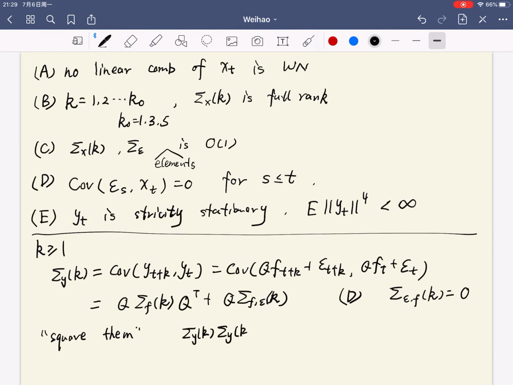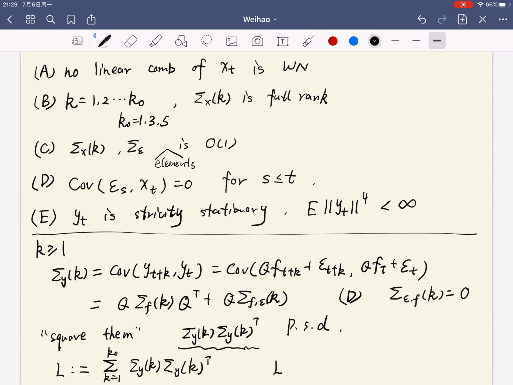If we do it this way, then this matrix is positive semi-definite. And we further define the matrix L, which is given by this.